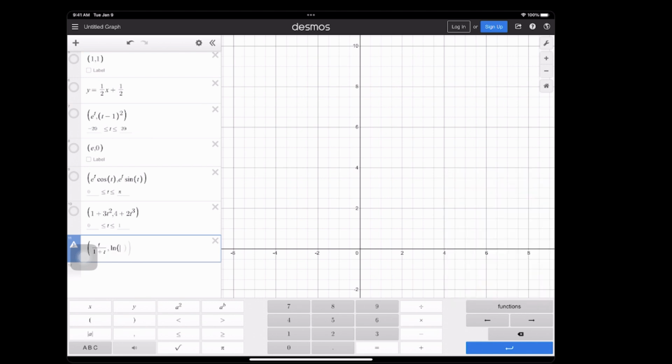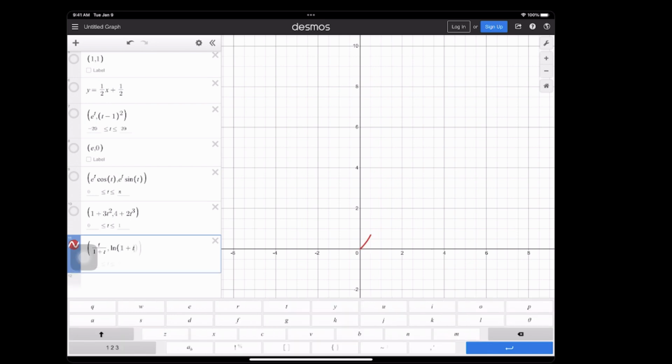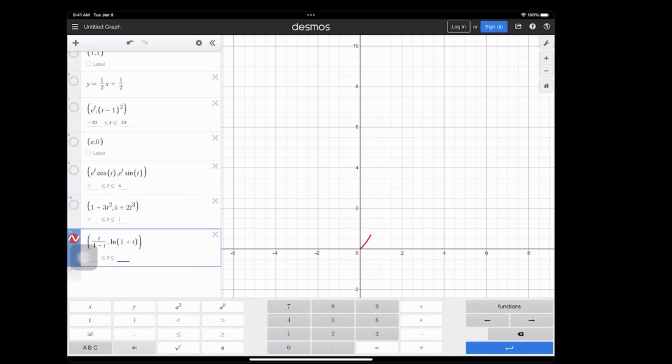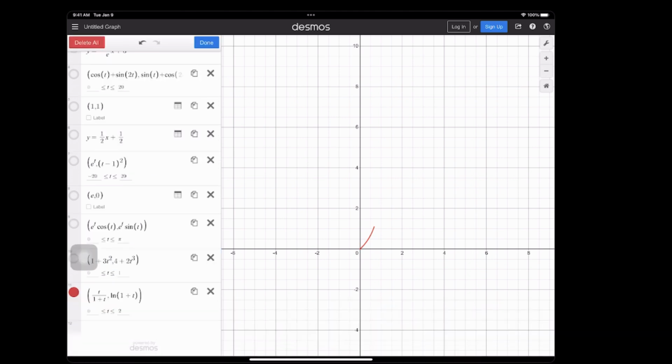Put natural log of 1 plus that t value. And that'll be 0 to 2, I think, right? And you guys know I do not like that red.